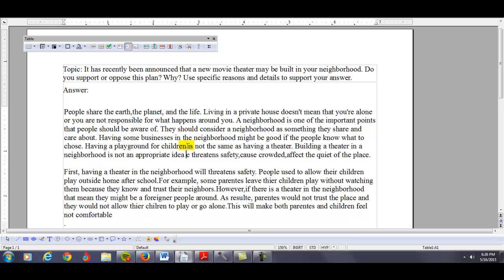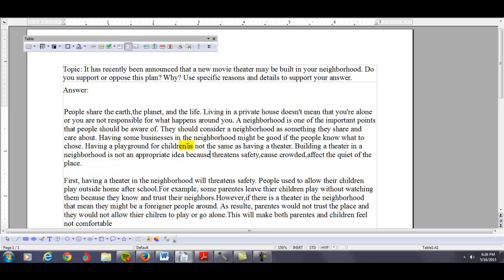Don't need any of those words there. Just say, because it threatens safety, causes crowds, and affects.